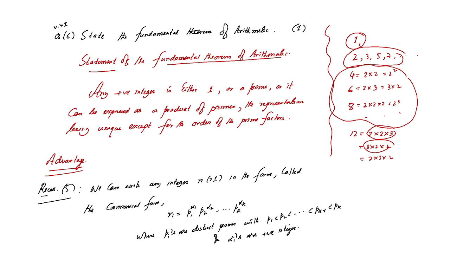So for example, if you take 24, you can write 3 into 2 cube, or 2 cube into 3 to the power 1. So p1 to the power alpha 1, p2 to the power alpha 2, where p1 equals 2, p2 equals 3, and alpha 1 equals 3, alpha 2 equals 1. All are positive integers. So in that way, this is the canonical representation of a positive integer, which we can write with the help of the fundamental theorem.